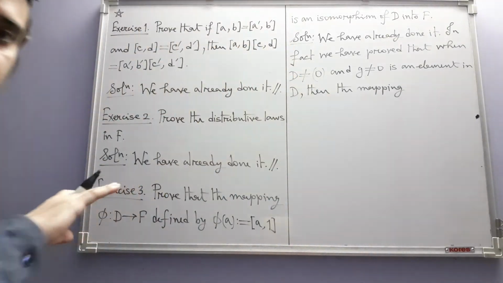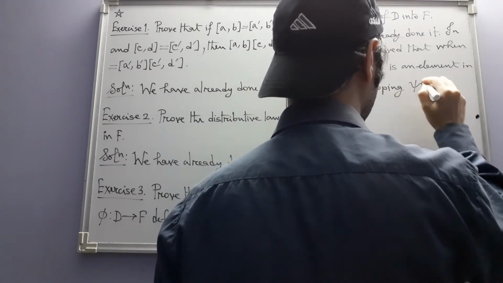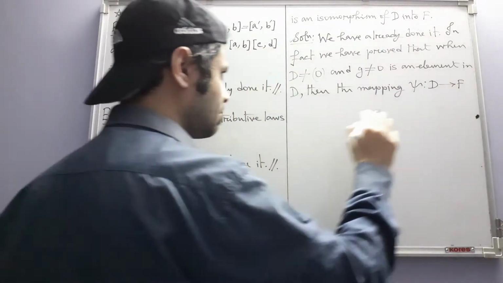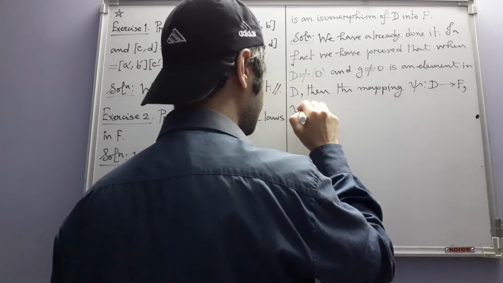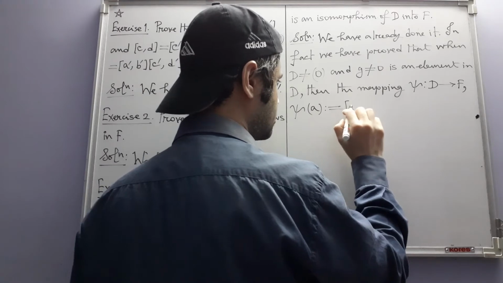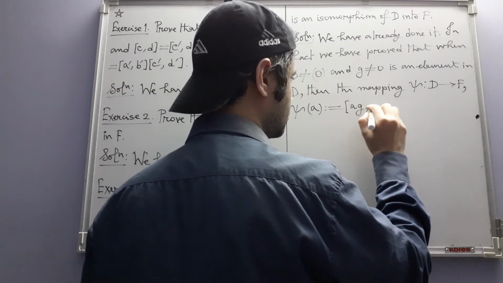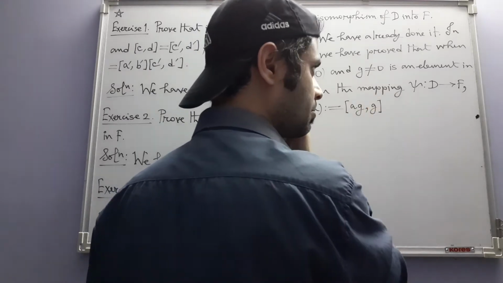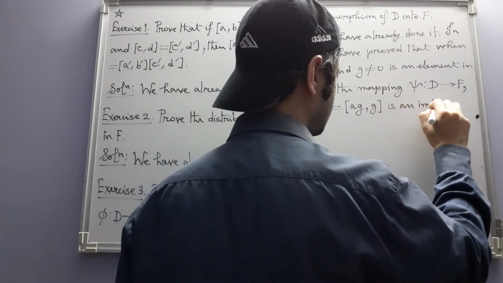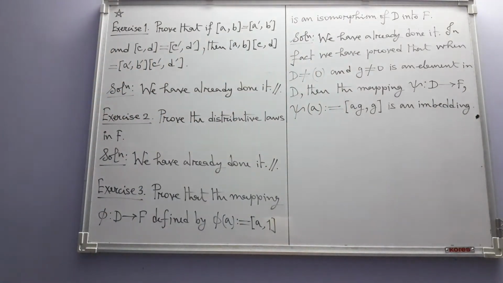Although there in the proof we called it phi, to distinguish between these two, let us call it psi. The mapping which maps any element in the integral domain onto this is an embedding. Embedding means an isomorphism.